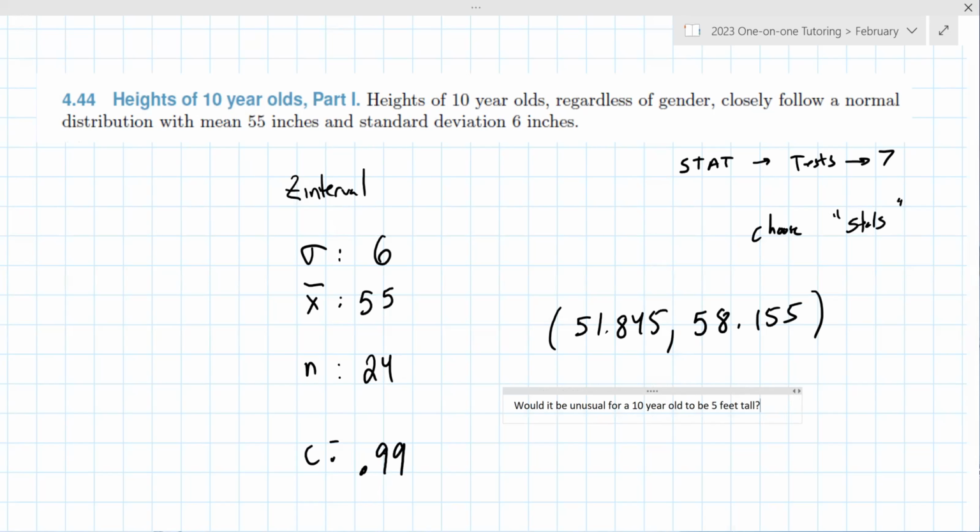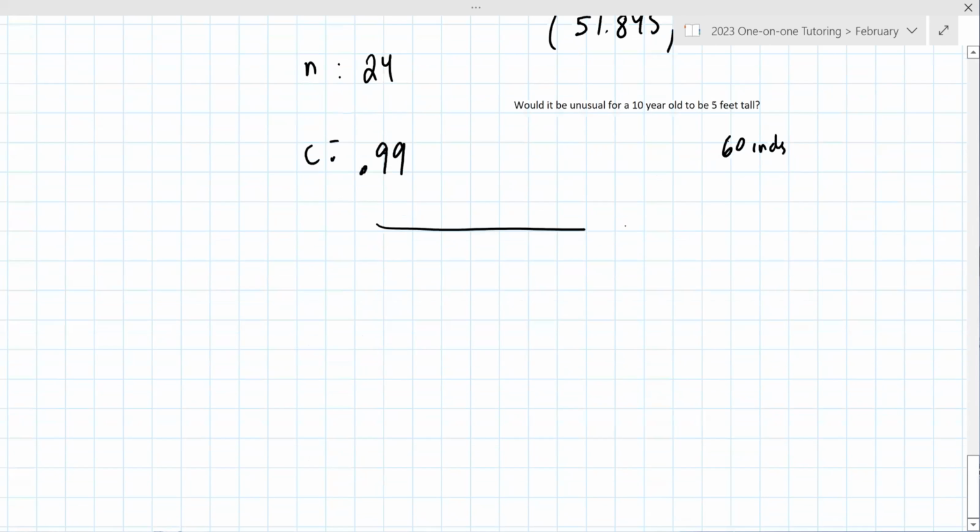Which number is in the interval? 5 feet. So you may have to do that quick calculation from inches to feet or feet to inches. I think that the interval is a little bit lower. Right. So 60 inches, and sometimes they even show this on a number line. Like here, let's just say 60 is here.